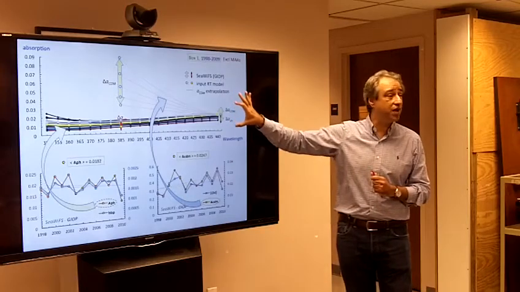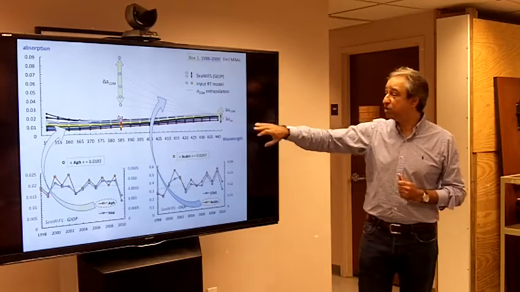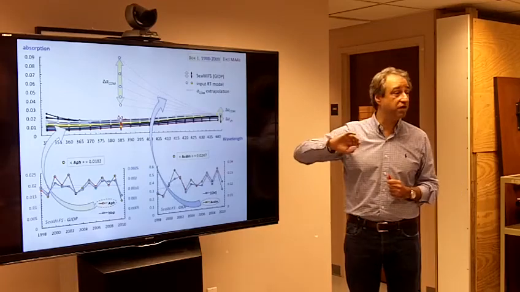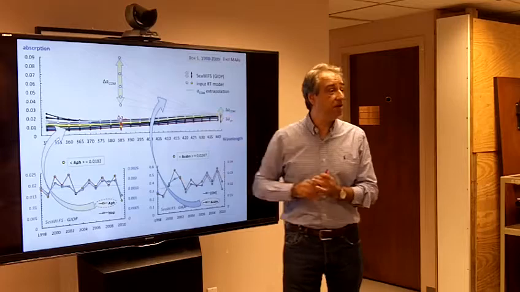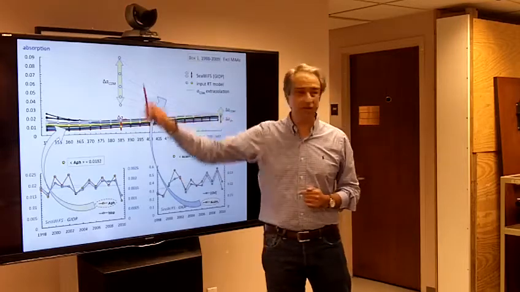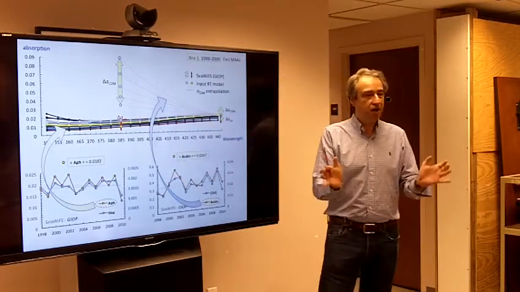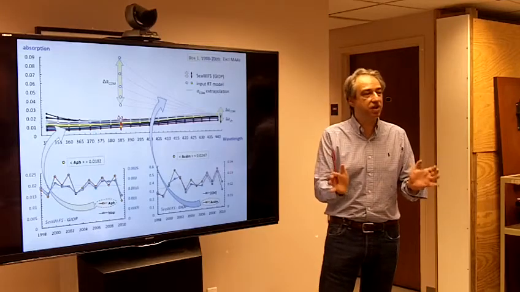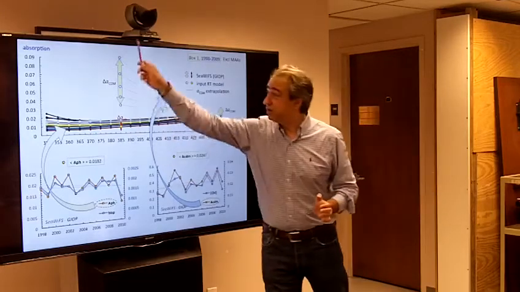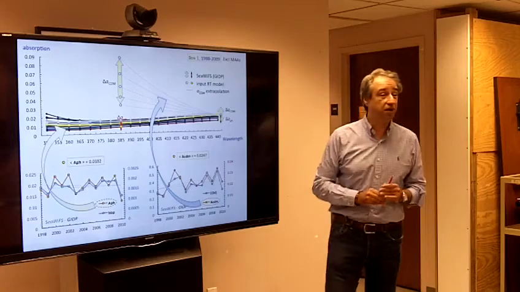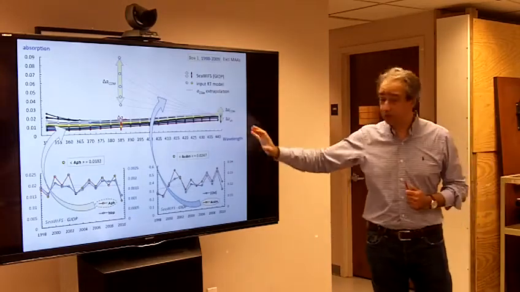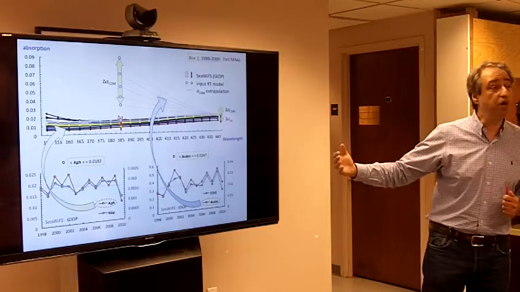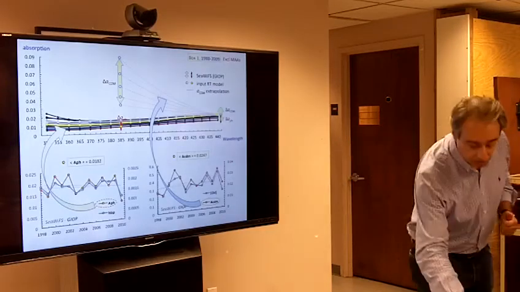So it's not easy to actually distinguish between absorption by CDOM and absorption by phytoplankton. However, if you go towards the UV part of the spectrum, then you start to see a big difference. Those two absorption spectra really become separated. That is the reason why they're looking in the UV part of the spectrum. So that's an example of how I extrapolated the results from SeaWiFS, from the visible part of the spectrum to the UV part of the spectrum.